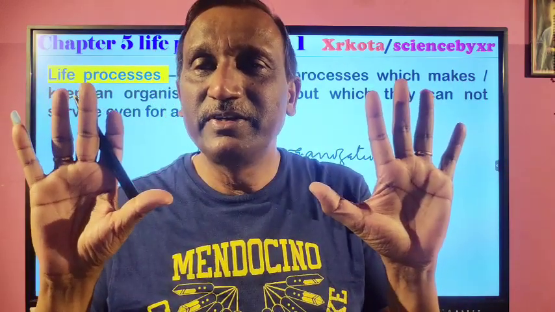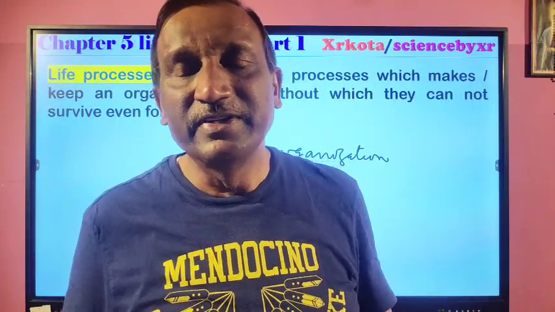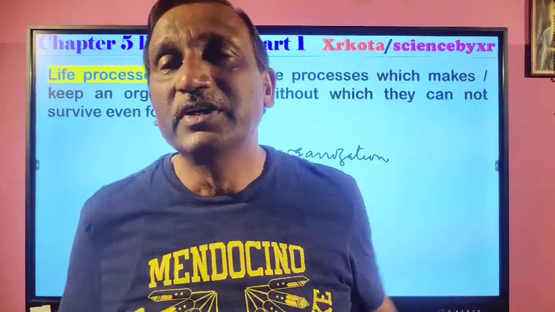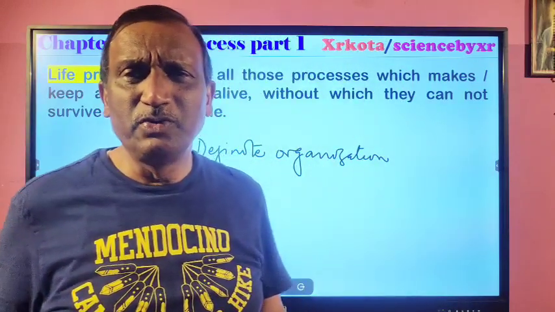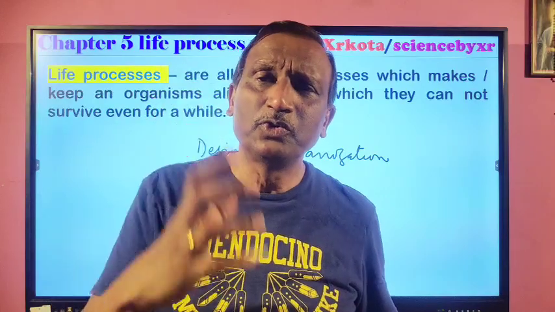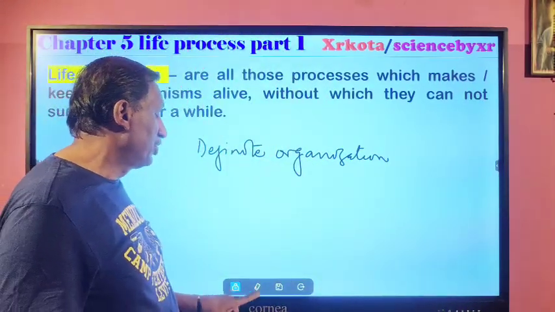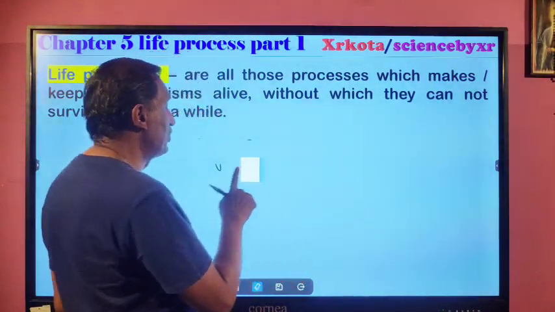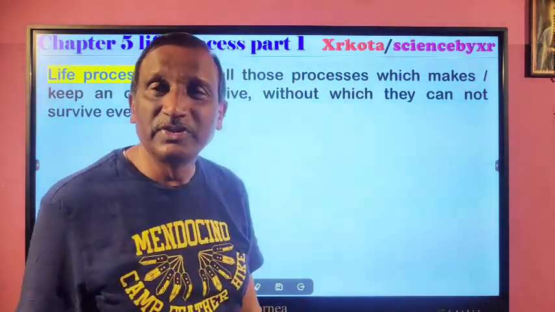They will have 10 digits, 10 fingers in their hands, 5 in each hand, one palm, these two bones here, one bone here. So this is a unique property. Non-living things do not have this type of property. You will not find two rivers exactly the same, or two mountains exactly the same, or even the composition of two stones exactly the same. So this is a very important property of all living beings, that is, they show definite organization. Whatever things are there, they consist of the same type of things.